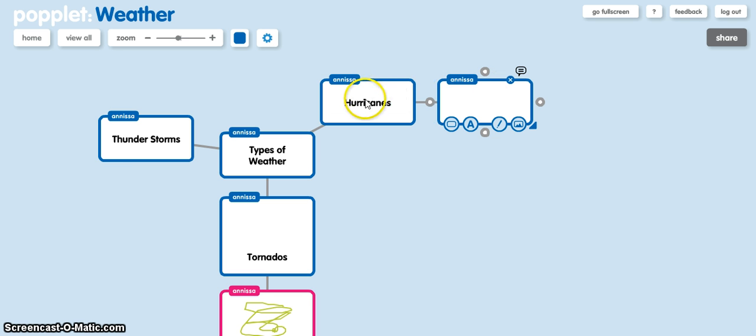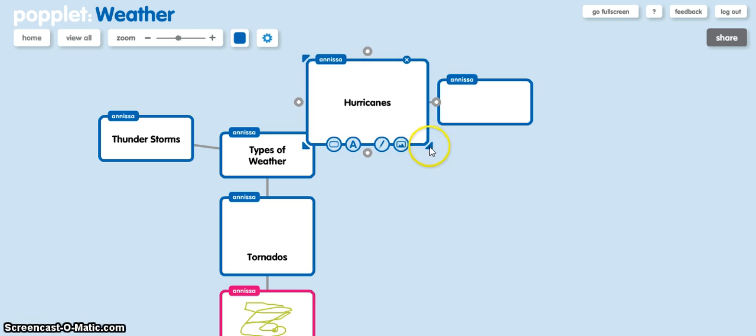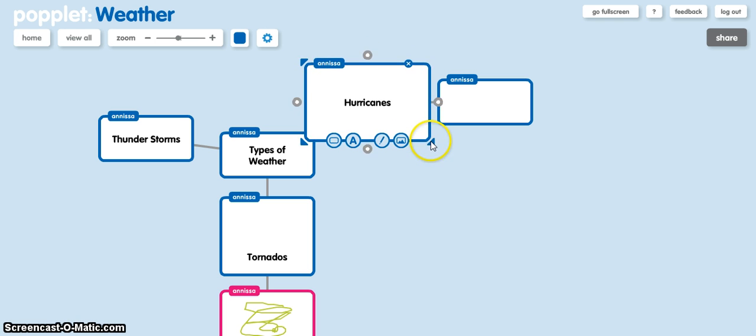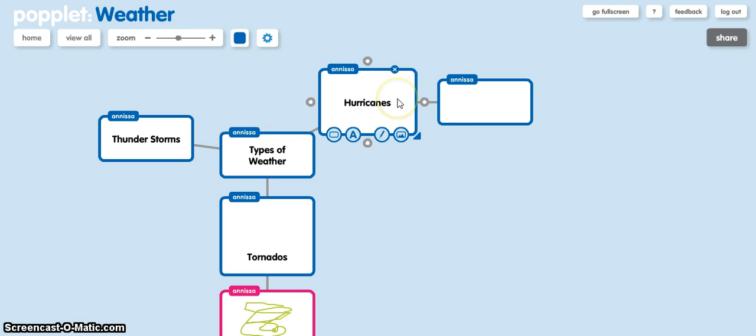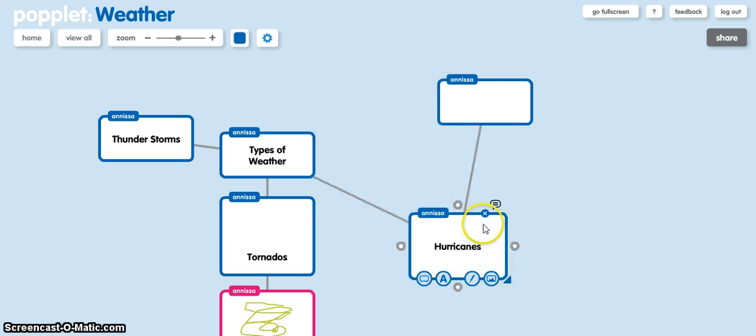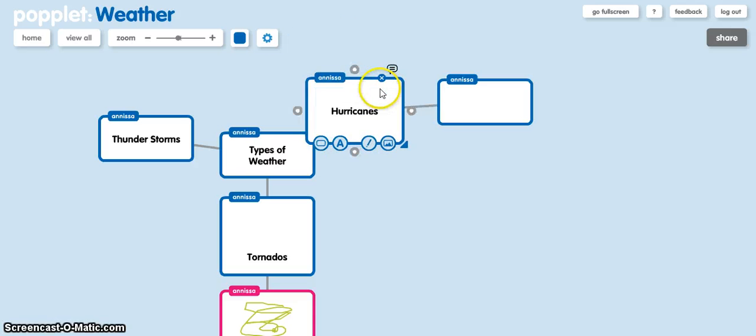And then I have the hurricanes, and if I go back to the hurricanes, I can adjust the size of the popple by clicking on these arrows here. So I can make it smaller or bigger, however big I want it to be. And of course I can move the popples all around and make the lines connect at different angles.